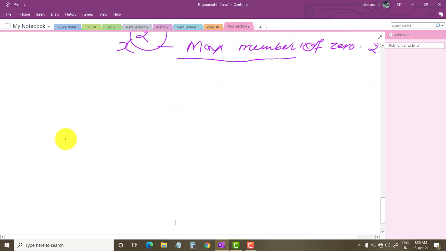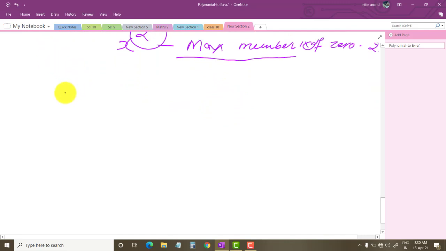Okay, now see, once again, suppose we talk about our polynomial p(x), and p(x) is x squared minus 2x minus 8. We know this is a polynomial of degree 2.